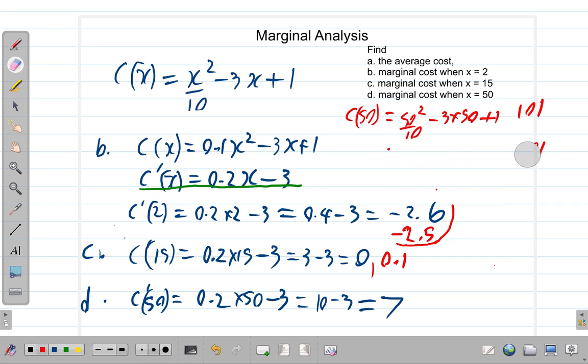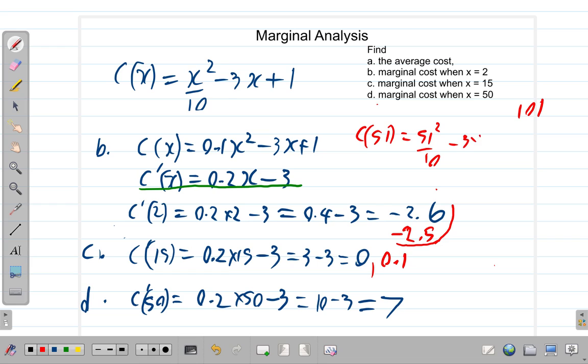Let's calculate it for 51. So C at 51 would be 51 squared over 10 minus 3 by 51 plus 1. So 51 squared over 10 will be 260.1, minus 3 by 51, which is 153, plus 1.